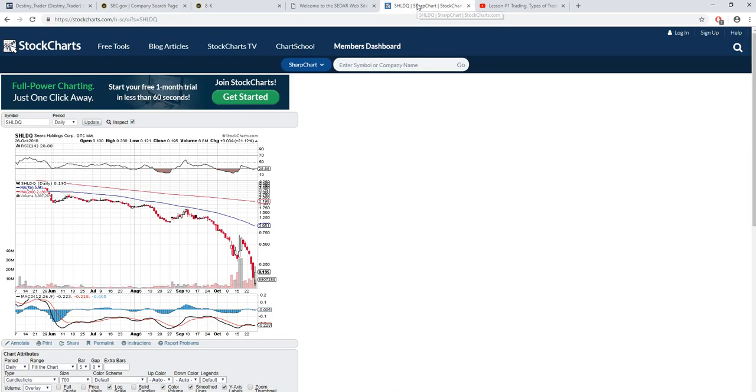So what happened here? Well, Sears Holding, it used to be SHLD, and now it's SHLDQ because it got booted to the OTC here. And that's the day that it had its massive red candle here. Yeah, 2 consecutive red candles, and then probably did a bounce in the OTC here.